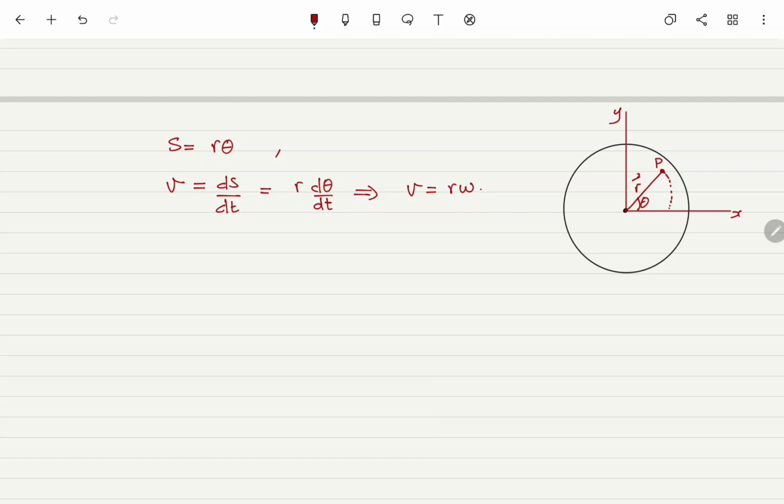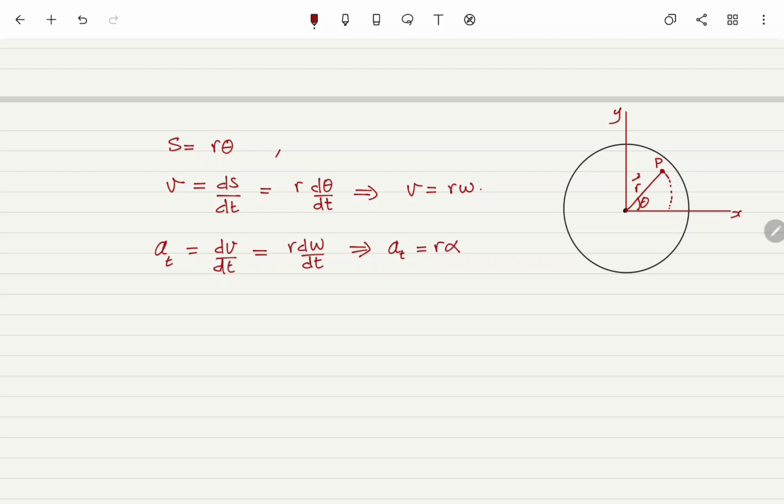Now again, the magnitude of the tangential acceleration, a tangent in this case here, equal to dv by dt, or in other words, r d omega by dt. A tangent in this case equal to r alpha.